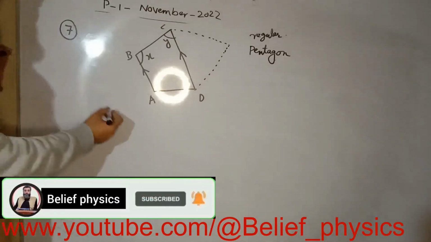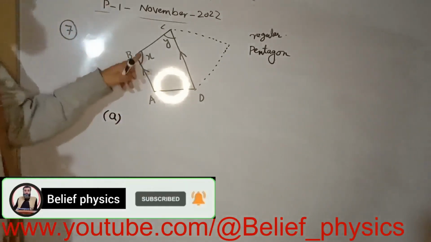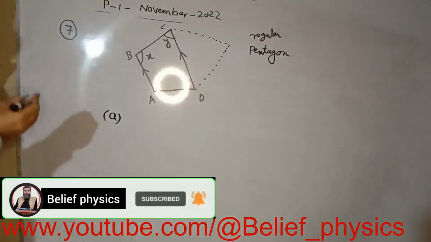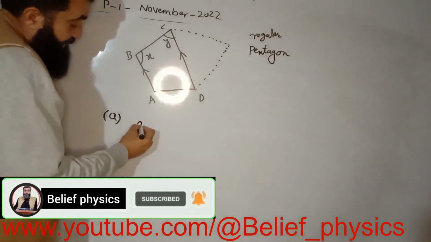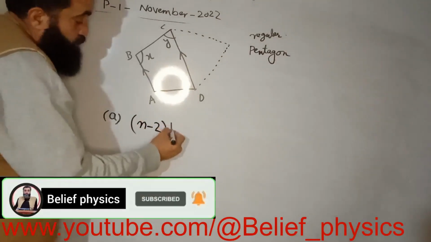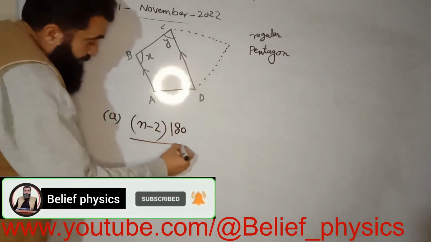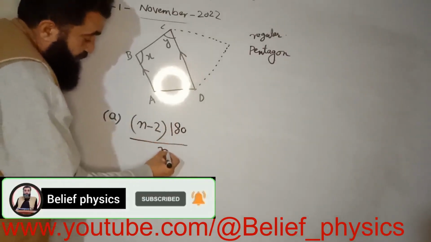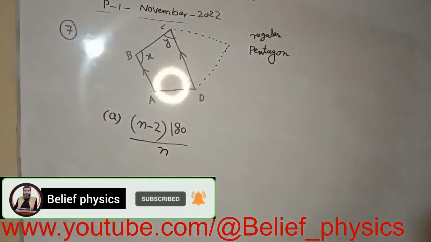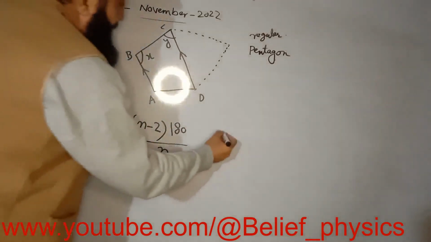First we find X. Since X is the interior angle of a regular pentagon, and we know that the sum of angles of an n-sided polygon is n minus 2 into 180, each angle of the regular polygon is equal to n minus 2 into 180 over n, where n is the number of sides. For a pentagon, n is equal to 5.